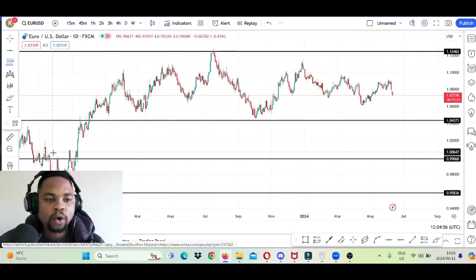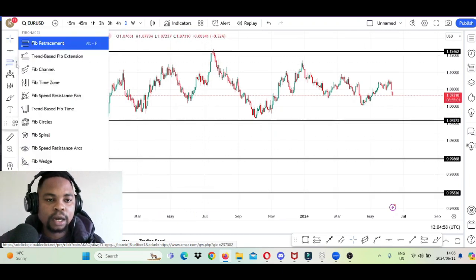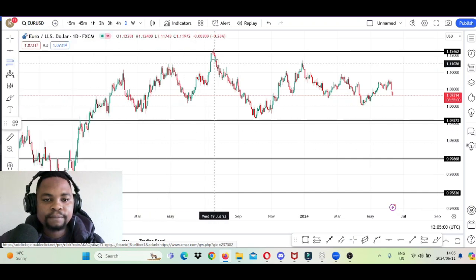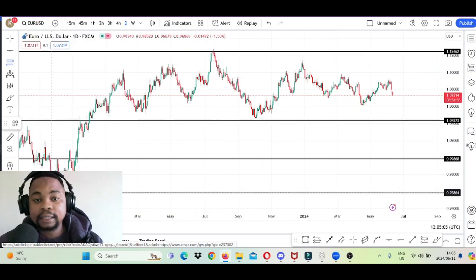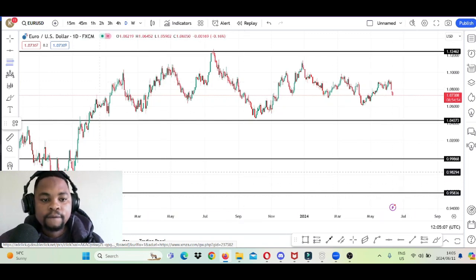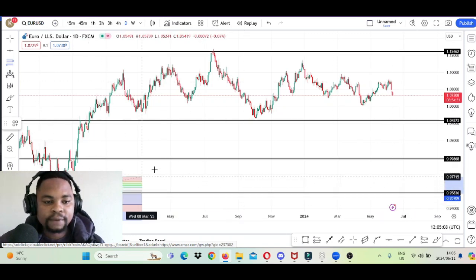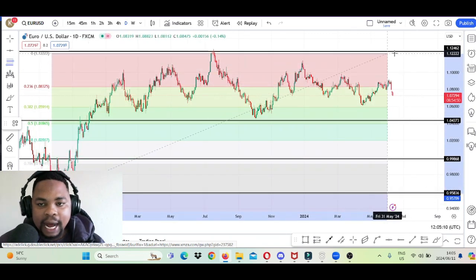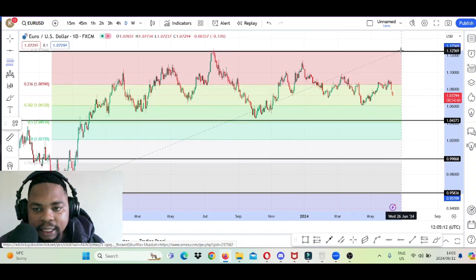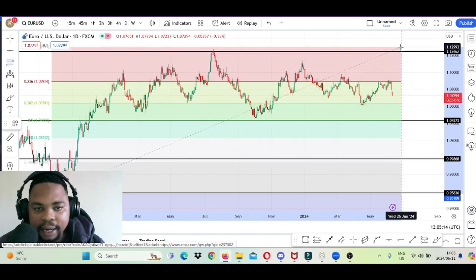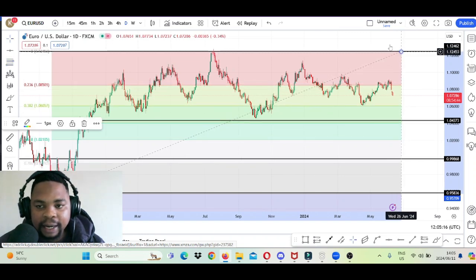When I now introduce my Fibonacci retracement, I'm going to start from the lowest or the highest. It depends on where you want to start. For example, right now I want to start from the lowest point until the highest point that is available in my playground at that time.